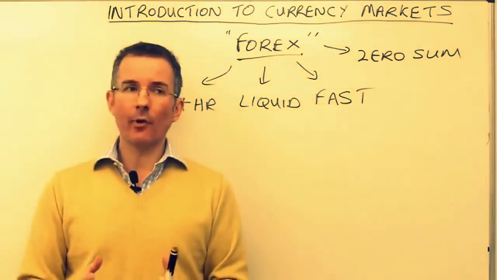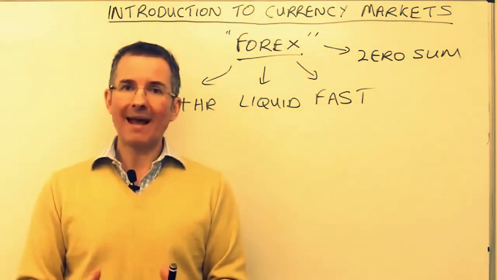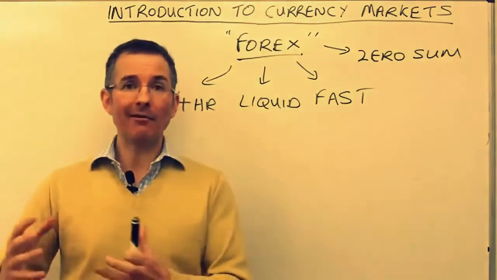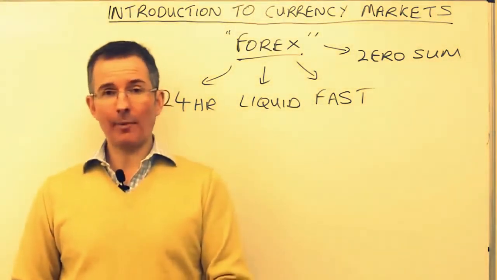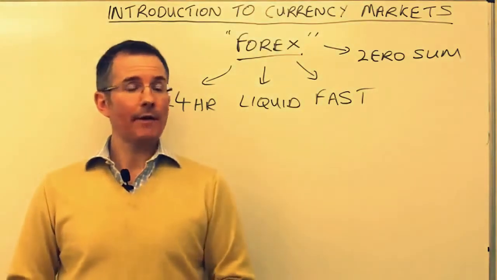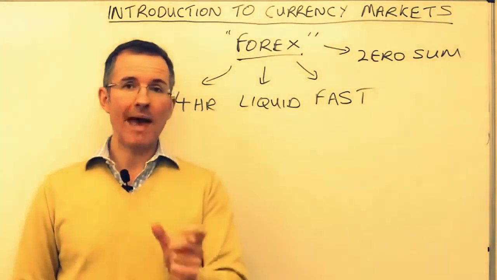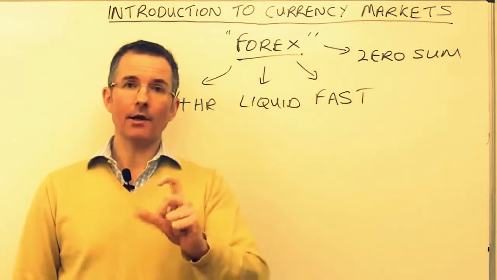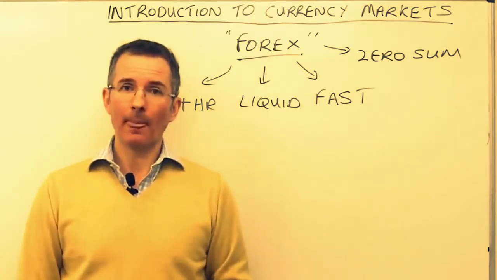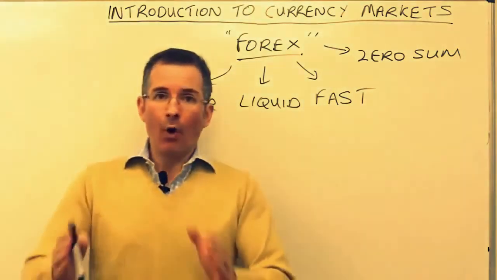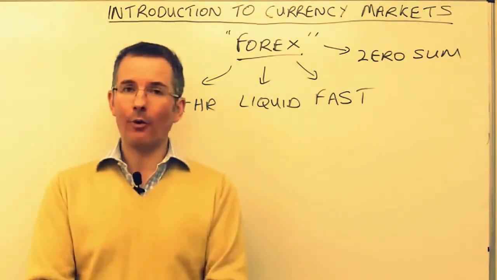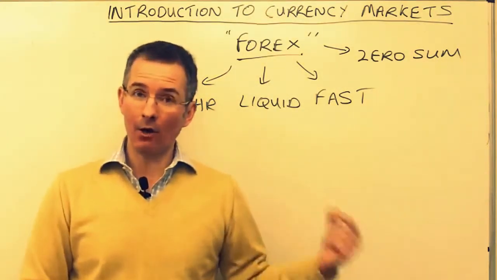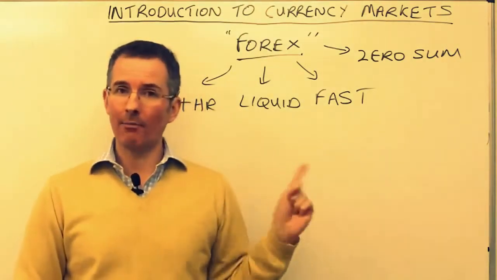So in other words, with currencies you've always got to decide what you're betting against as well as what you're betting for. I don't need to do that with shares. I just say I'm buying Tesco and hoping Tesco goes up. But in the currency markets you're always trading pairs of currencies. So as one rises, another falls. Now it is possible for all currencies in the world to rise or fall against, say, a commodity like gold, but that's not the same point.